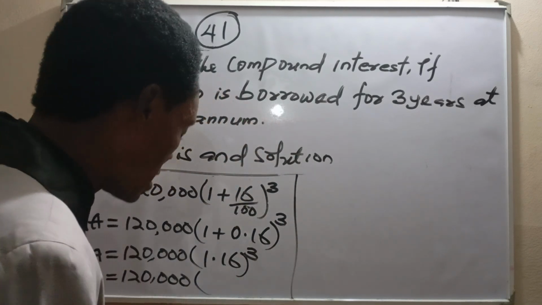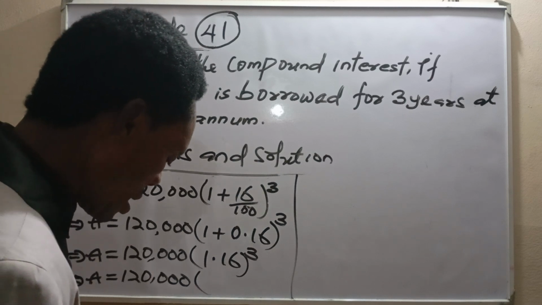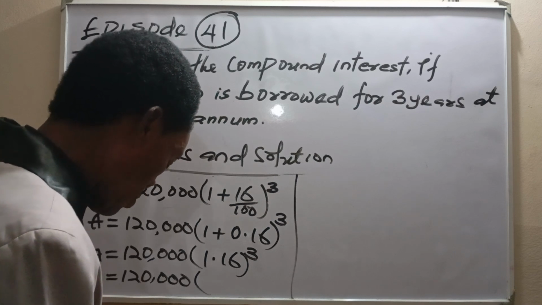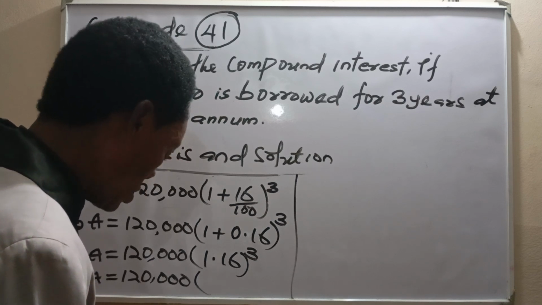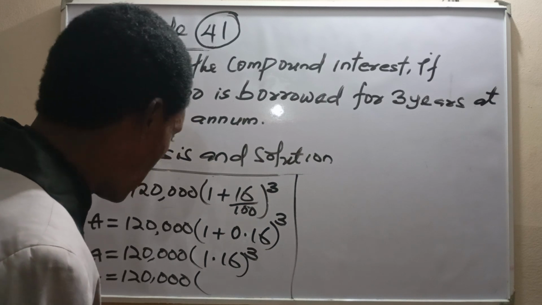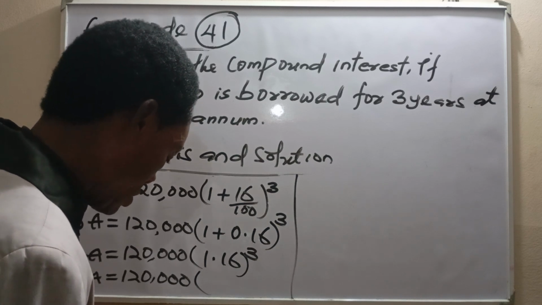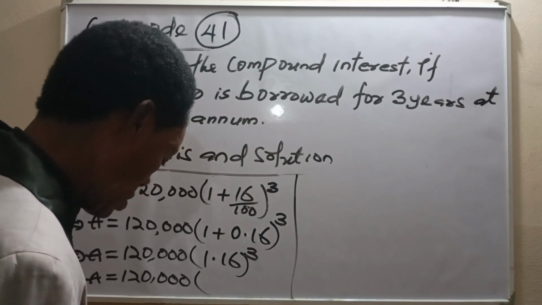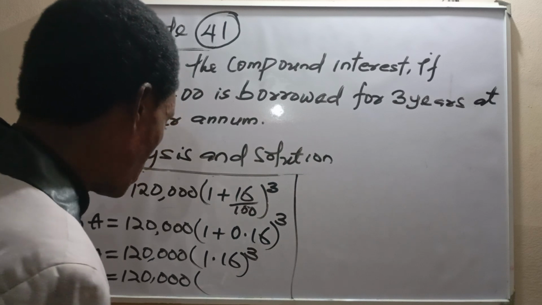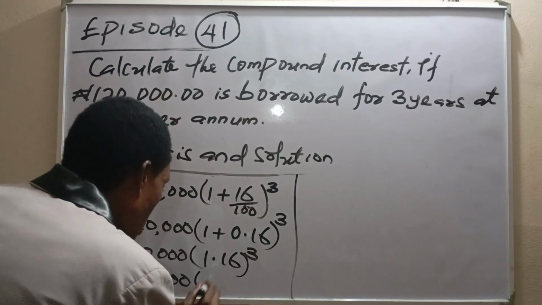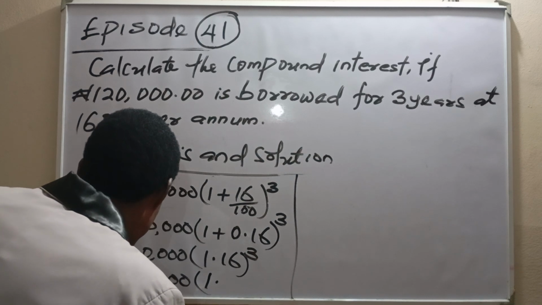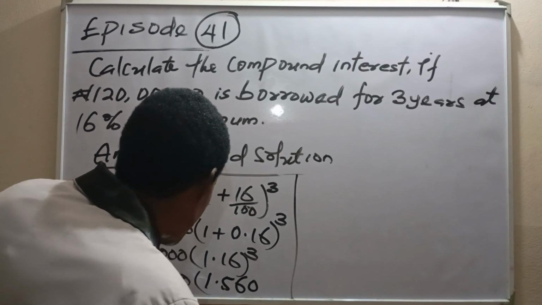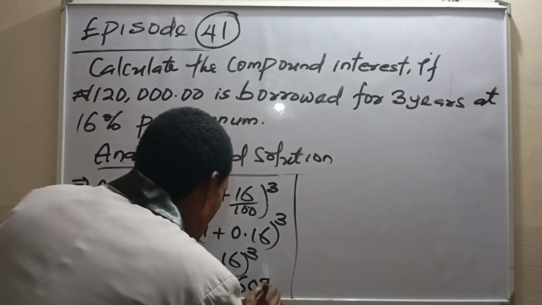Let's see how we get it. 1.16 raised to the power of 3 gives us 1.560896.